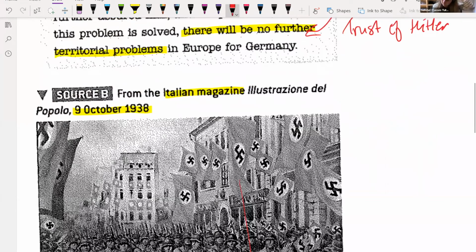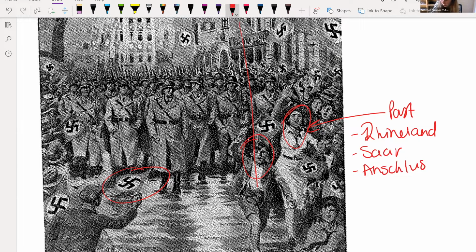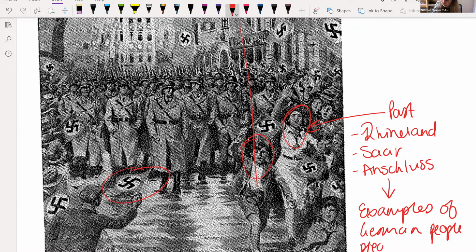And then this one, we're looking at the people's faces. We're looking at how in the past, so for examples, the Rhineland, the Saar, Anschluss, we know that these are all examples of the German people, remember, of which there was a lot in the Sudetenland, the German people being pleased by the Nazi takeover.